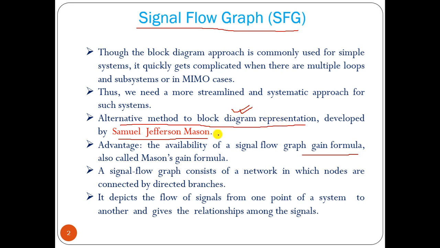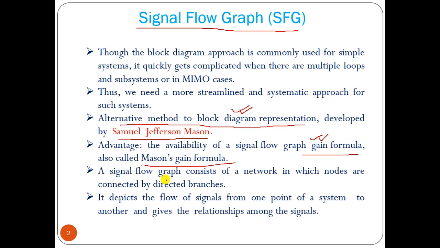In the case of a signal flow graph, we have a gain formula that we can apply directly to find the overall transfer function of any complicated system, which is known as Mason's gain formula.